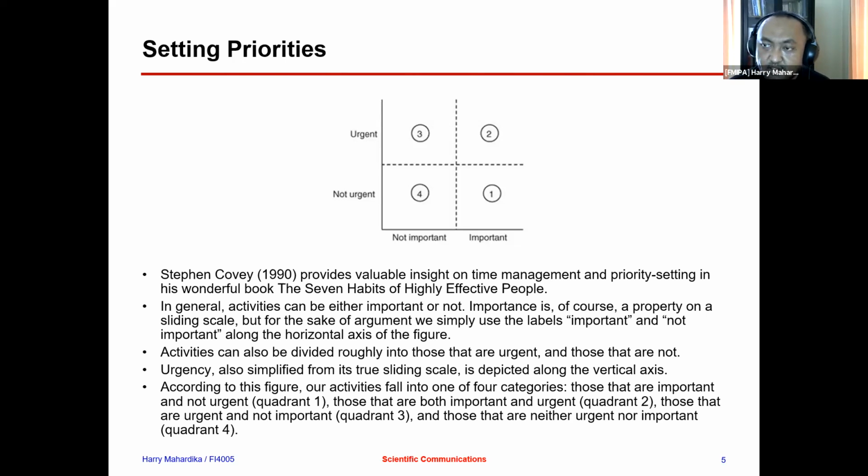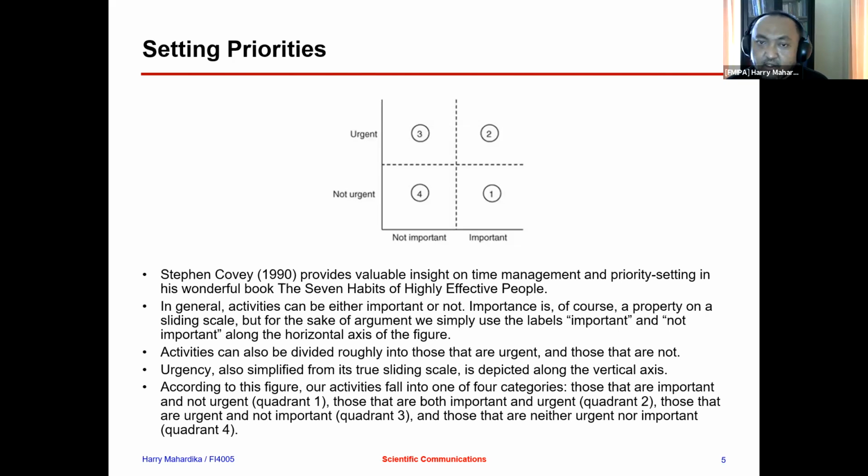Is our thesis or final project research important? Yes, it's important, but is it urgent? Well, it depends. If you are in the 7th semester, in the early stage of your final project, it is important but not that urgent. Is lunch important? Yes.